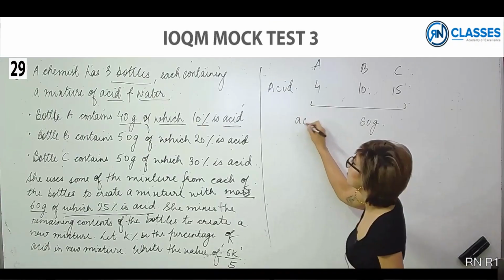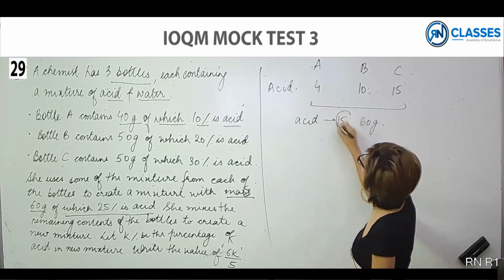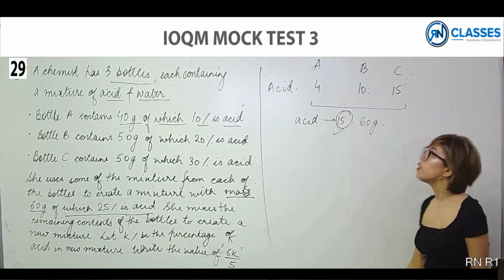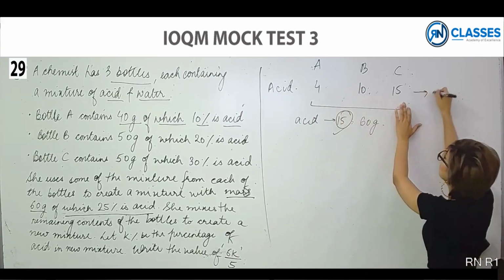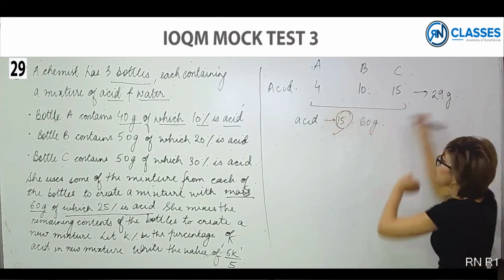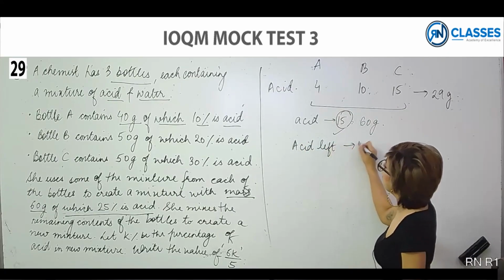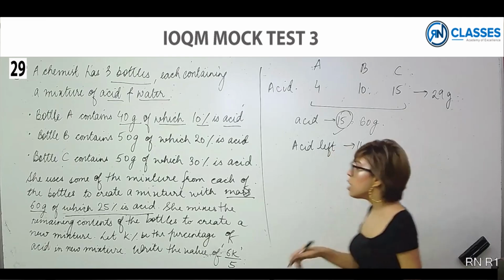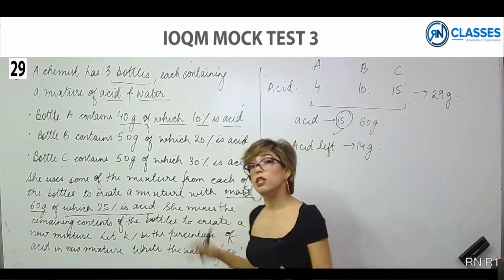So acid amount is nothing but 25% of 60, which is 15. Right? So that means initially how much acid did she have? She had 29 gram acid. She has used 15 gram of acid already. So that means she is left with acid left. That is 40 grams. Right? She says she mixes the remaining contents of the bottles to create a new mixture.